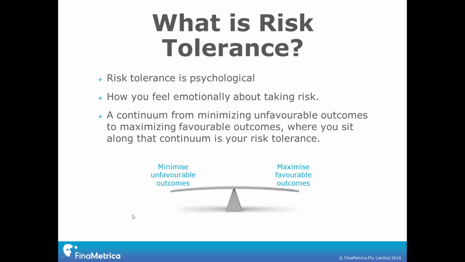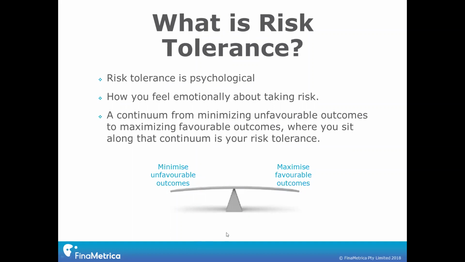And again, with risk, you can be slightly uncomfortable, or you can be more comfortable. So it's a continuum of unfavorable outcomes and favorable outcomes. Your risk score will be somewhere along that continuum, and where you sit is your risk tolerance.